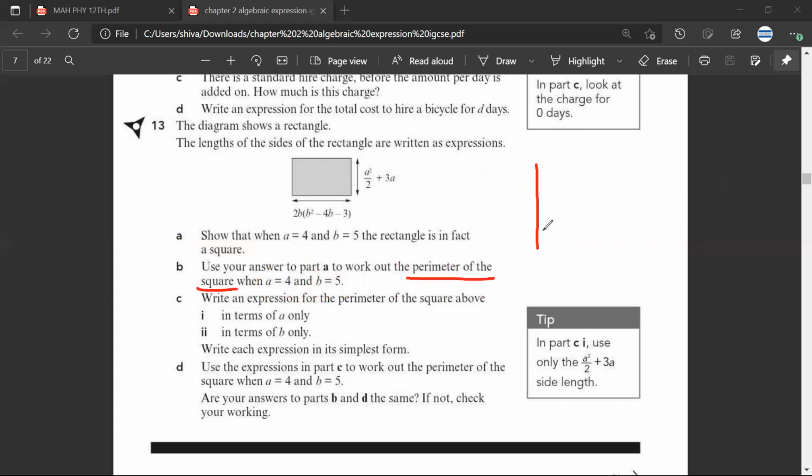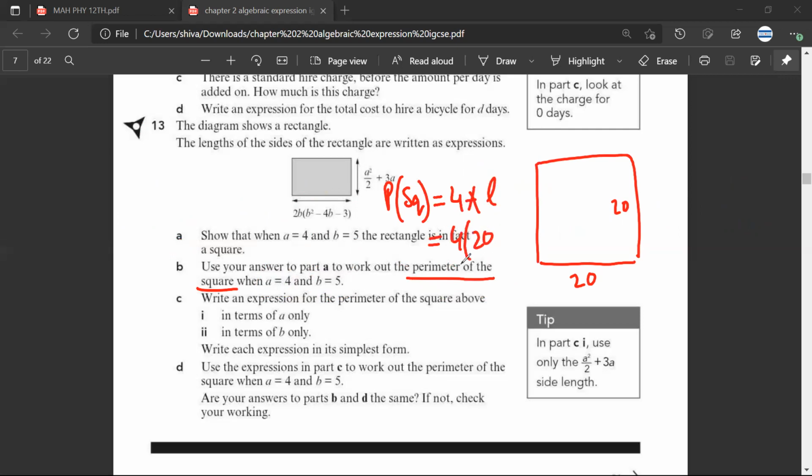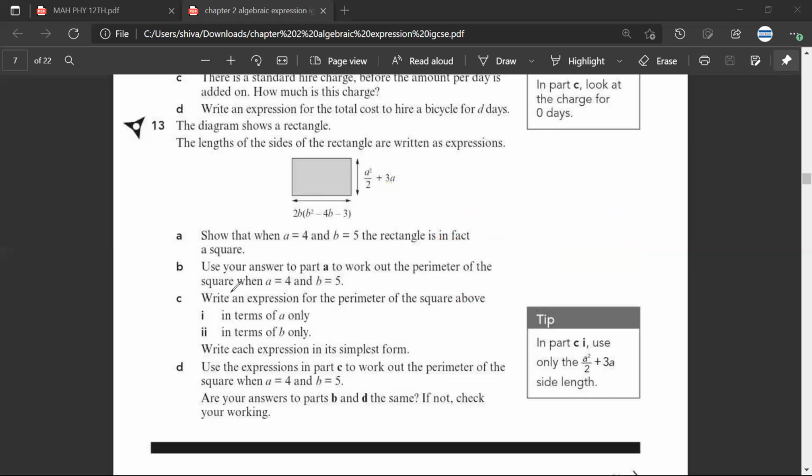I thought it was area. You have to find the perimeter. This is 20, this is 20. So the perimeter of a square is 4 times the length of the square, which is equal to 4 into 20, which will be equal to 80 units. Sarthak, is it correct? Yes, sir. Right.